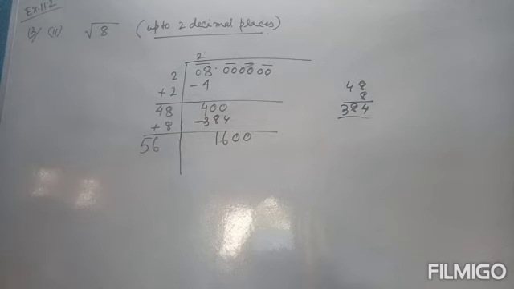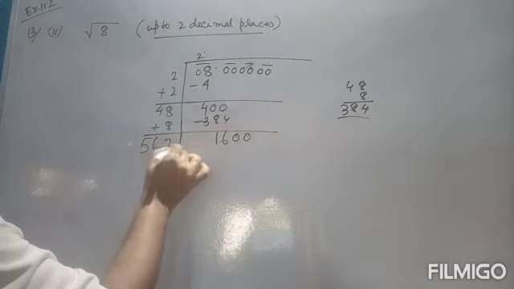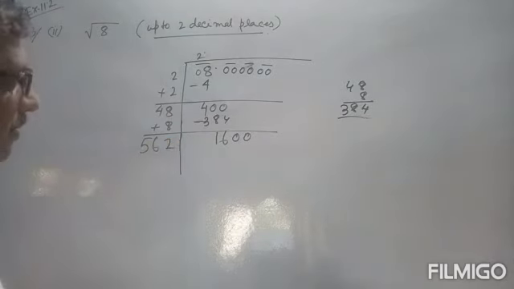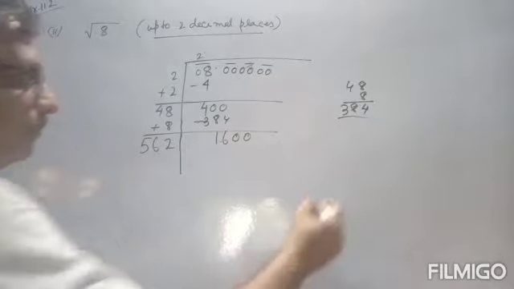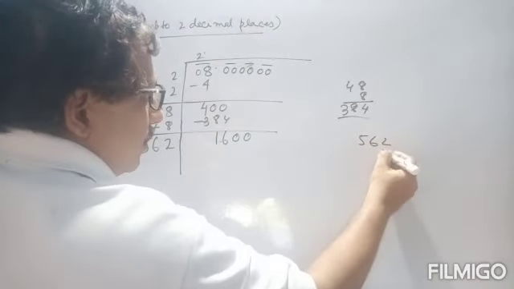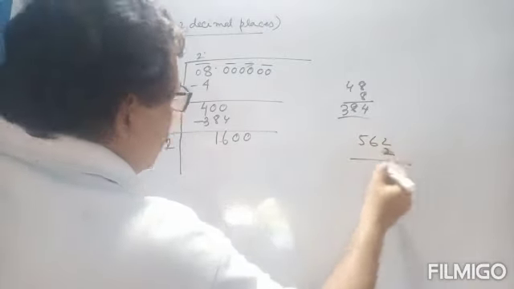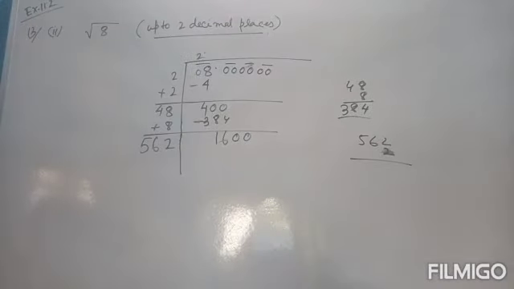Here we put 2. If we put 3, 563 into 3 is greater than 1600, so we take 2. 562 into 2, after simplifying, we get 1124.